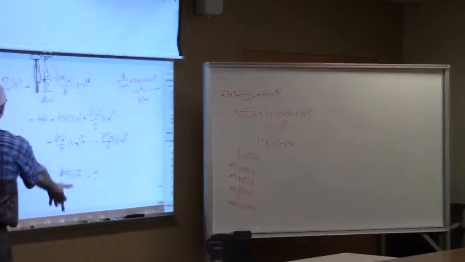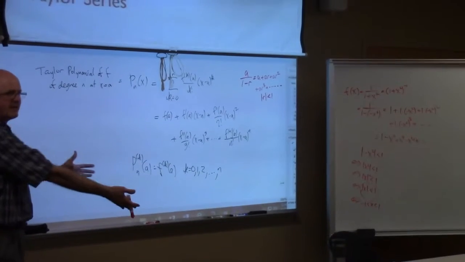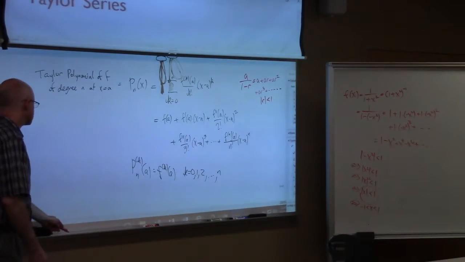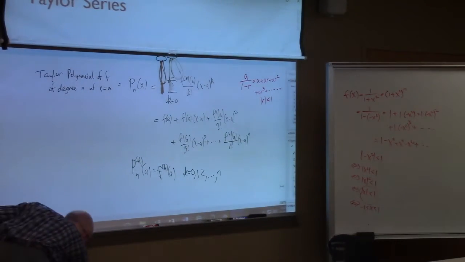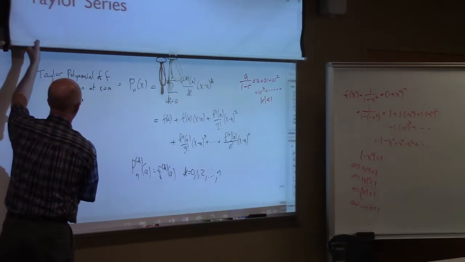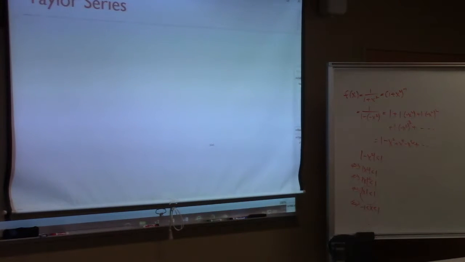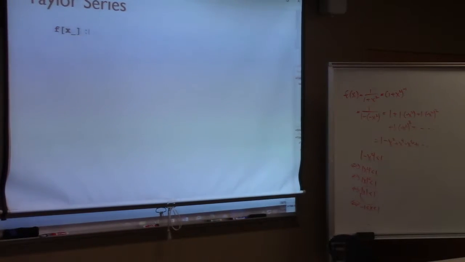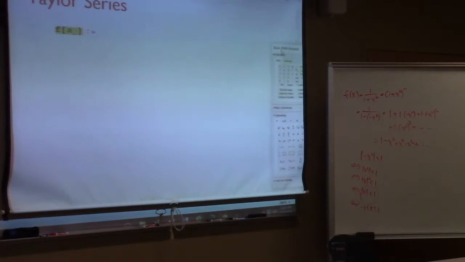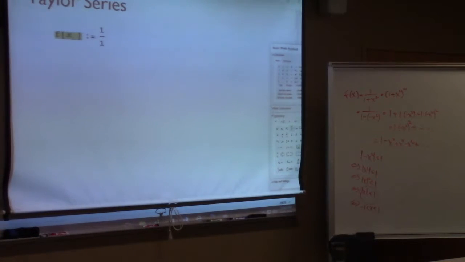Does this stuff on the board over here give the same answer? Let's have Mathematica do the calculations for us. Define f of x to be 1 over 1 plus x squared.